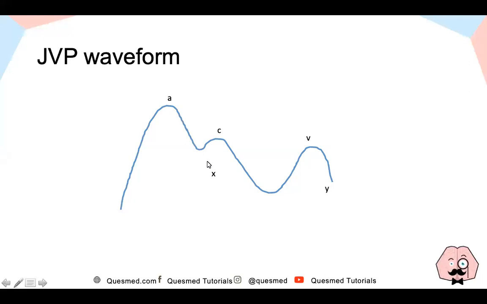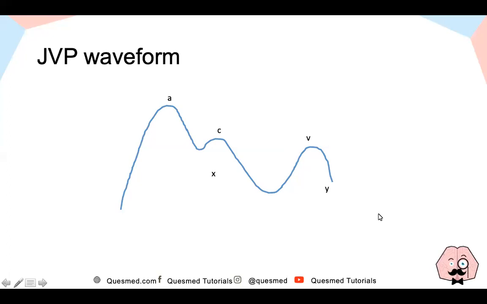Our X descent, so that's as blood is flowing from the ventricles to the atria, we get a pulling of the tricuspid valve down into the atria, so it's elongating the atrium, bringing that pressure down. We've got atrial filling here, which is our V wave, and then our Y descent here, that's when the blood starts to flow from the atrium to the ventricles again.